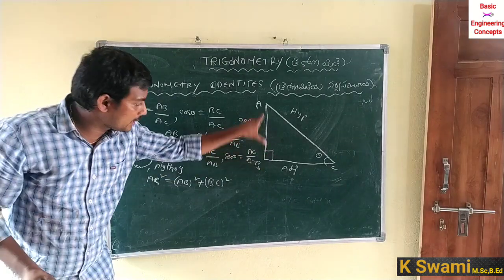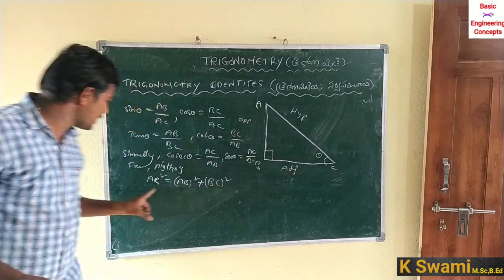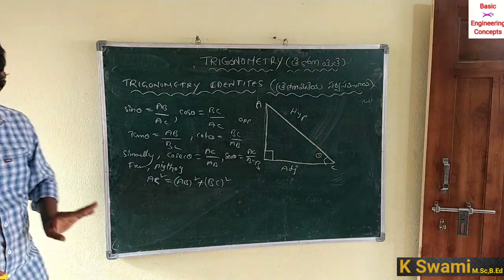From this right angle triangle ABC, AC square is equal to AB square plus BC square.